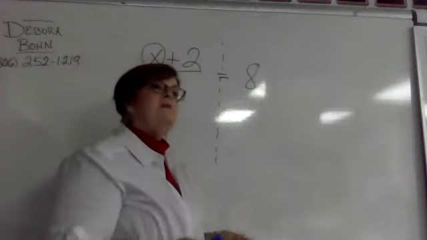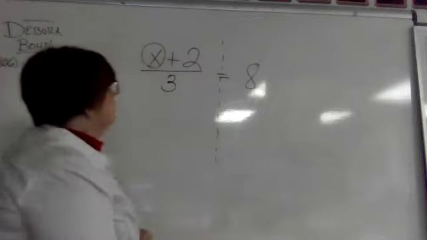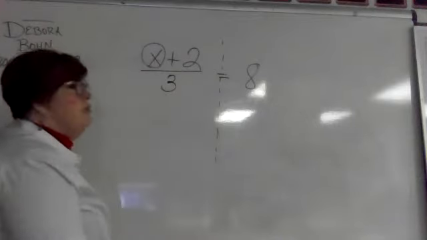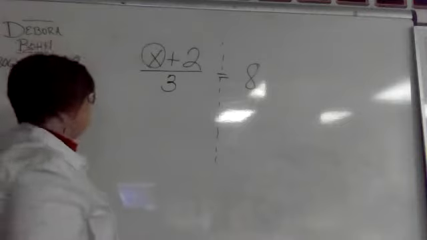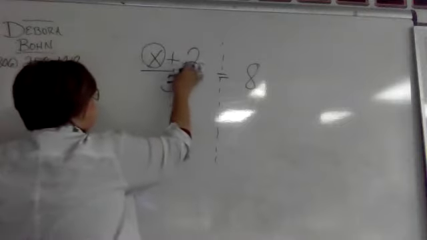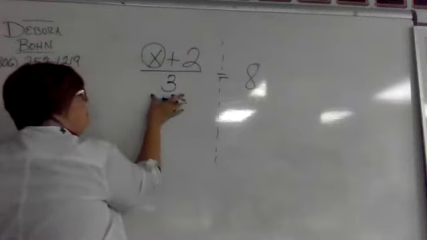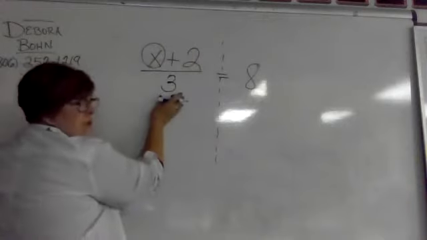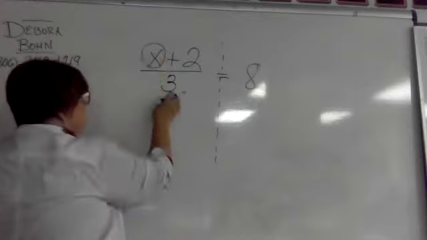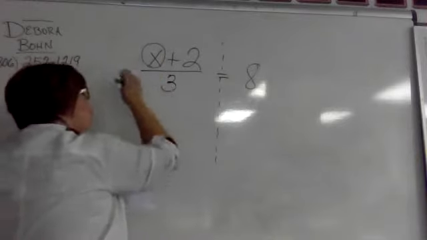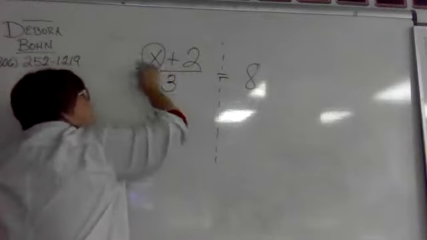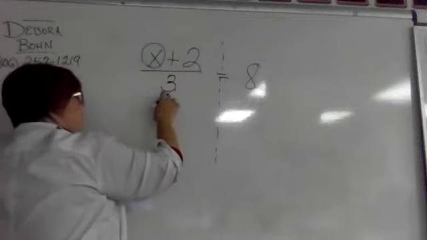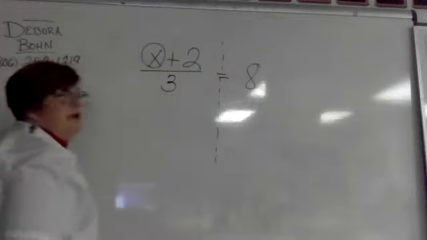Now, here is the crux of everything. Whenever you have a problem like this, there's an x plus 2, and it's divided by 3. That means all of this is divided by 3. Not just the x divided by 3 or the 2 divided by 3, but this whole thing is divided by 3.